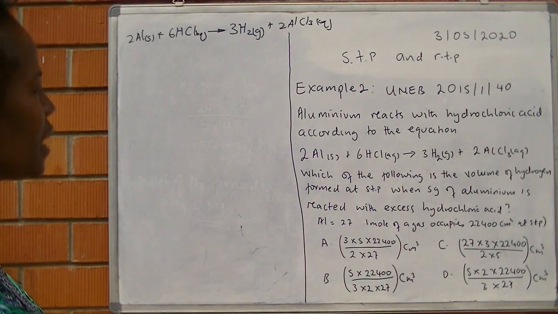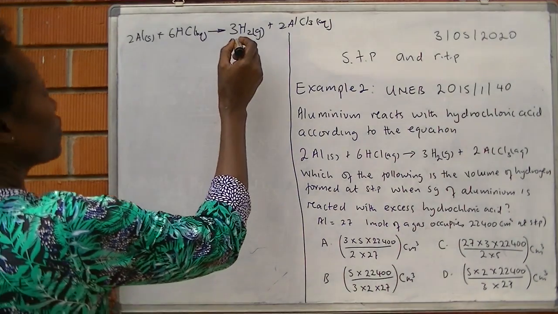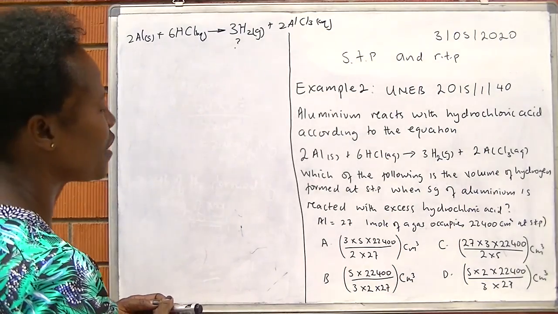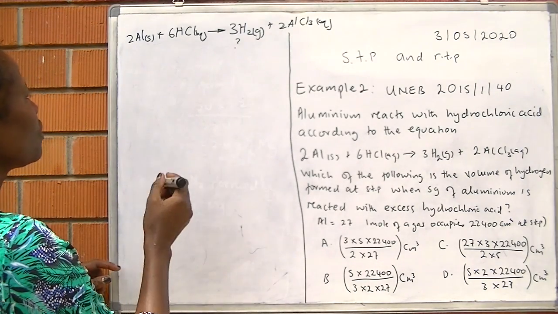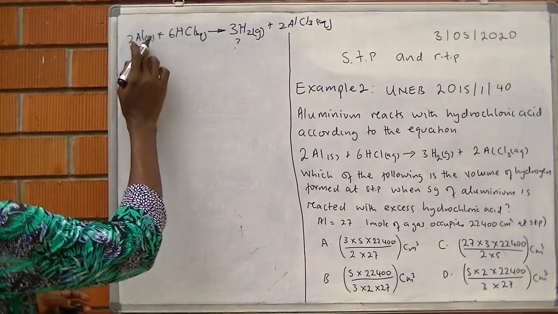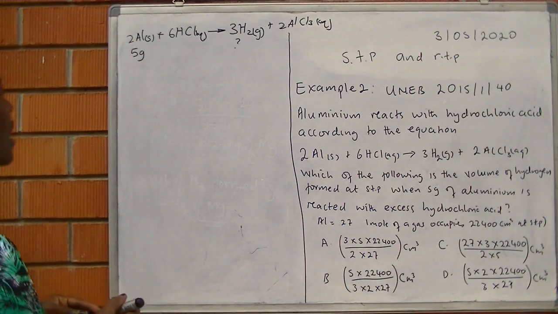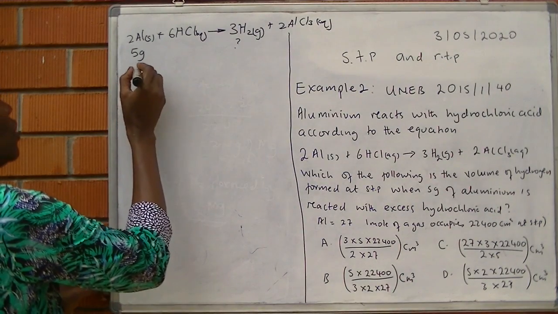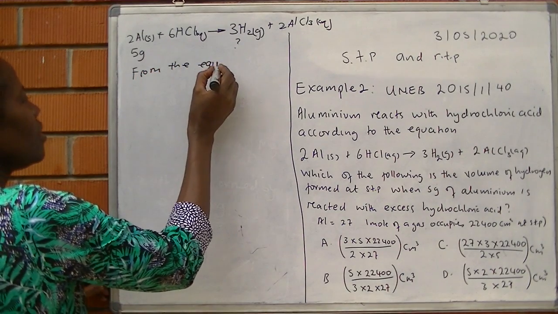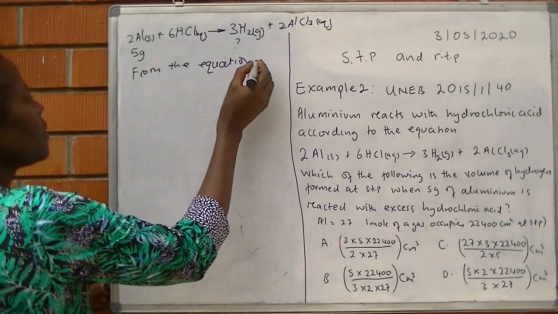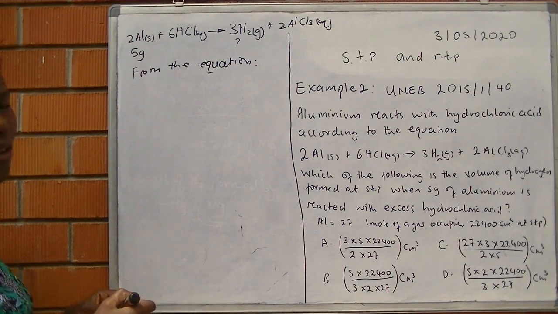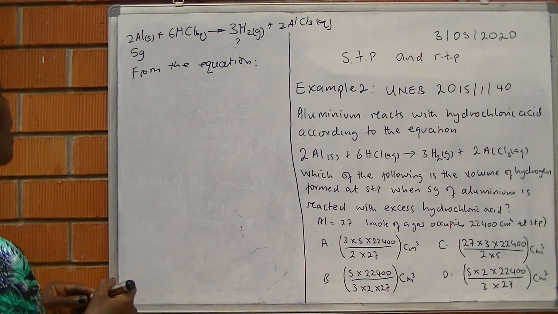Which one of the following is the volume of hydrogen? The question mark below hydrogen is formed at STP when 5 grams of aluminium reacts, so 5 grams below aluminium. We are only dealing with aluminium and hydrogen. So as usual, you tell the examiner from the equation, since we are given mass, we have to go to the relative formula mass of aluminium.